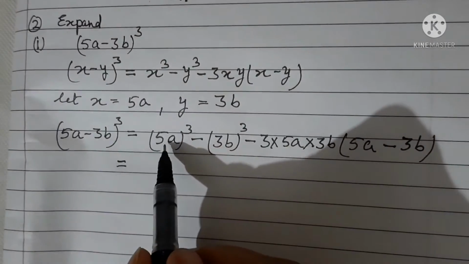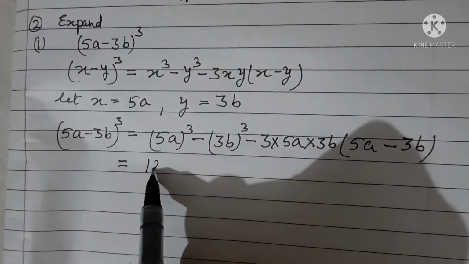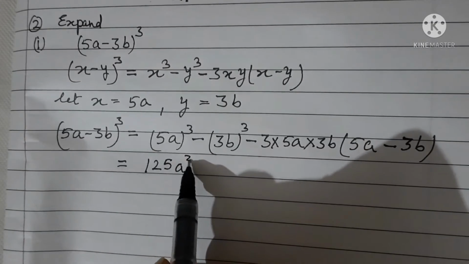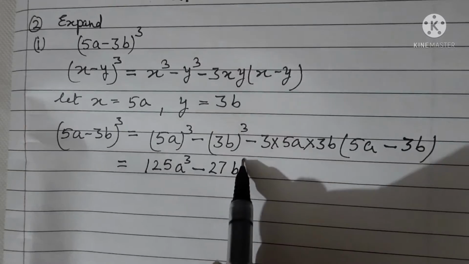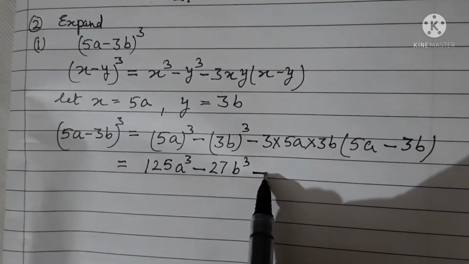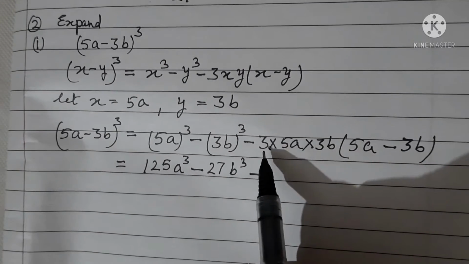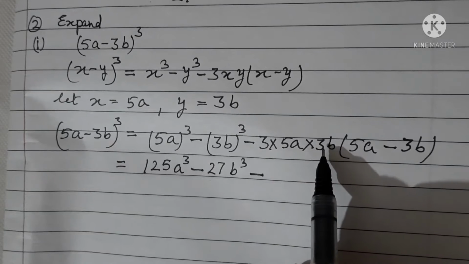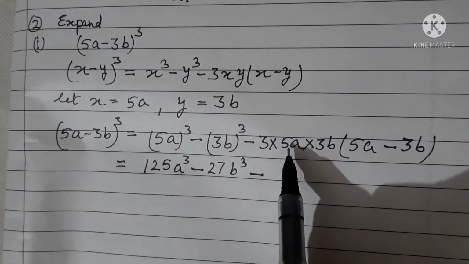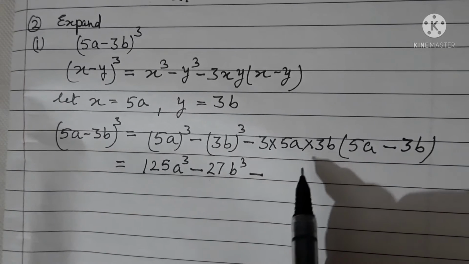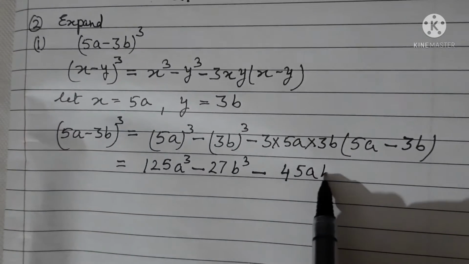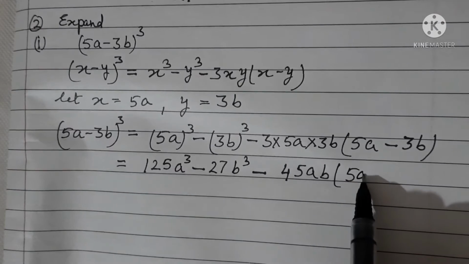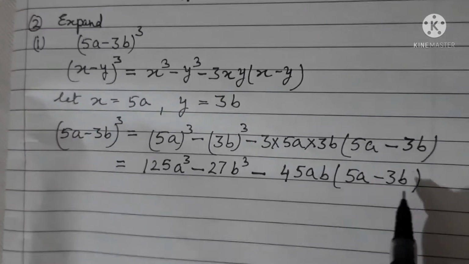This becomes 5 5s are 25, 5s are 125, a cube minus 3 3s are 9, 3s are 27, b cube minus multiply 3 3s are 9, 5s are 45, ab and 5a minus 3b.